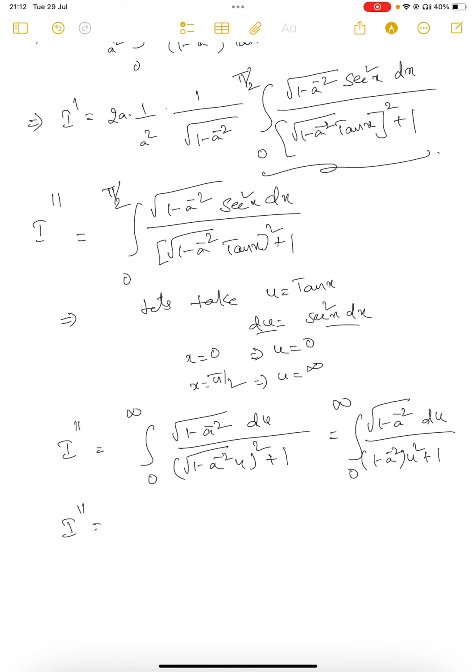Let's write it again here so that it will be easier. Root of 1 minus a power minus 2 du by 1 minus a power minus 2 u square plus 1.